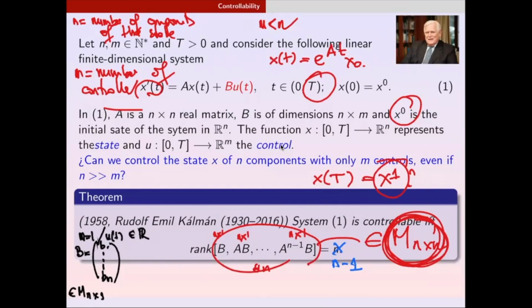What happens if I don't get n, but n minus 1? According to Kalman, the system is not controllable. Yeah, Yao Huang. Thank you, Yao.